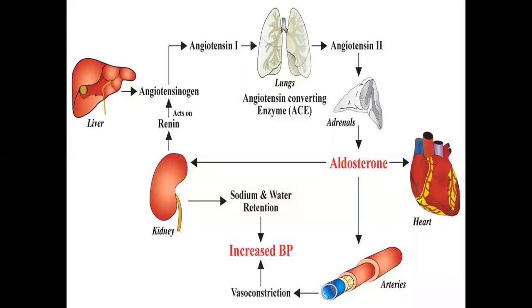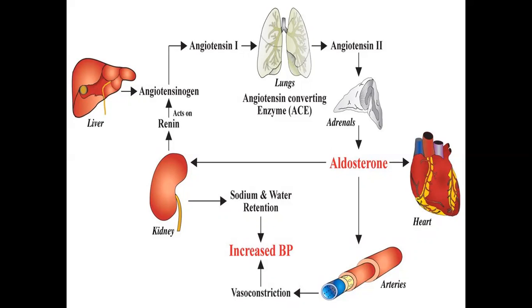The renin-angiotensin system (RAS), or renin-angiotensin-aldosterone system (RAAS), is a hormone system that regulates the blood pressure and fluid and electrolyte balance, as well as systemic vascular resistance.